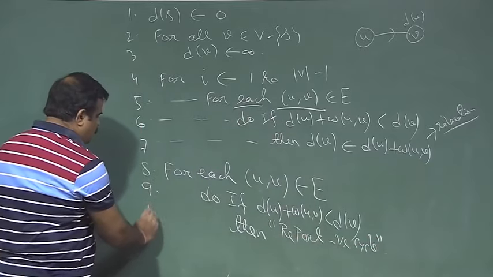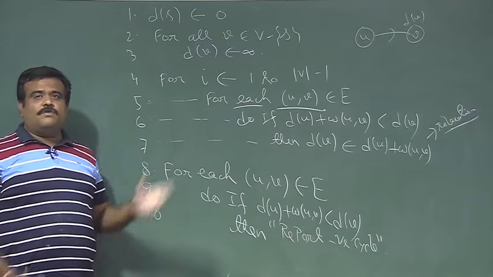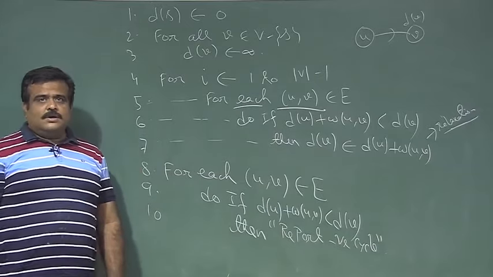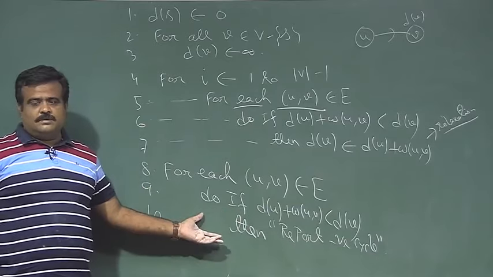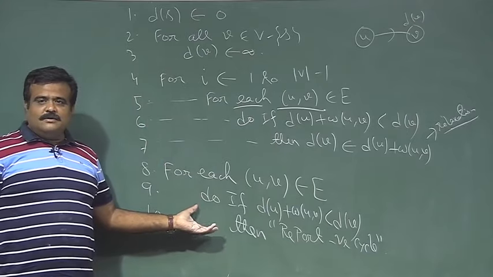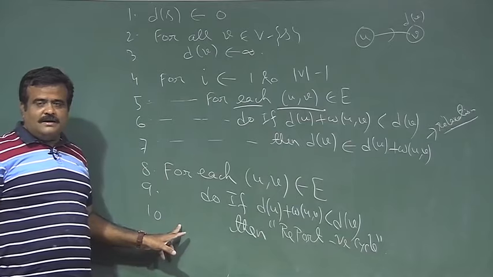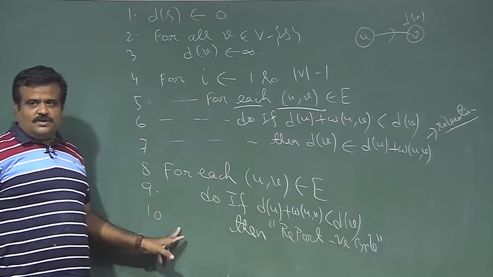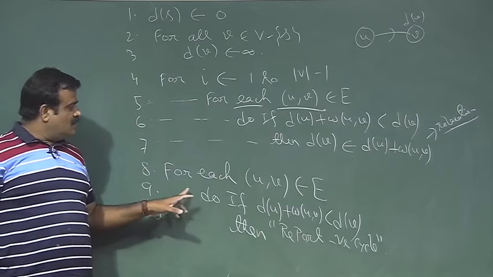Okay, that is it. So this is the pseudo code for the Bellman Ford algorithm. We report the negative cycle because we have done enough relaxation. This is the check for a negative cycle. After that, we try once more, edge wise.